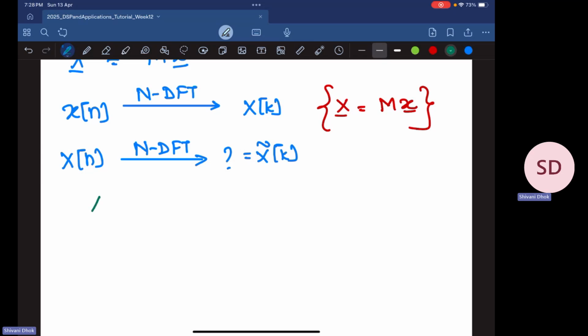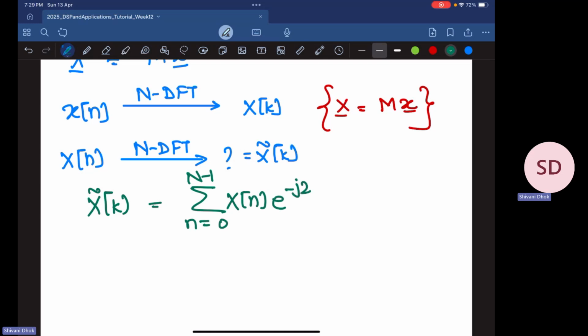So this X tilde of k is basically equal to summation n running from 0 to N minus 1 X of n into e power minus j 2 pi kn by N. Okay, so we have this.